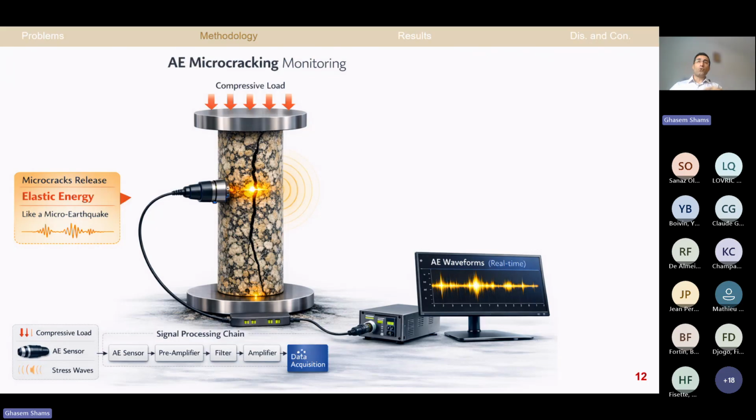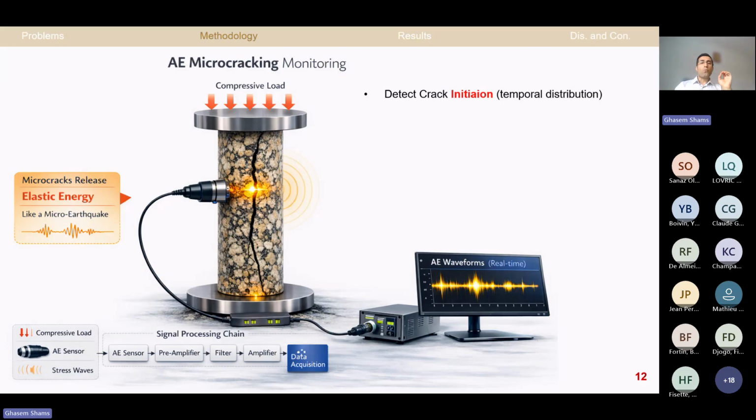But the more important thing about acoustic emission monitoring is that using this technique, we can obtain three important pieces of information. First one is crack initiation time. We can determine the temporal distribution of microcracks.